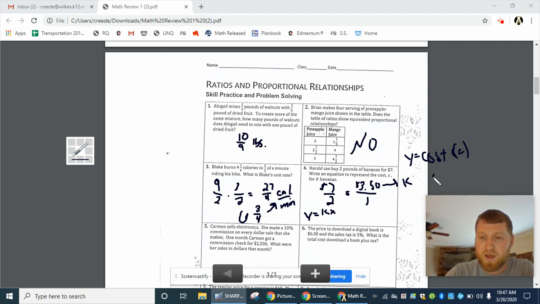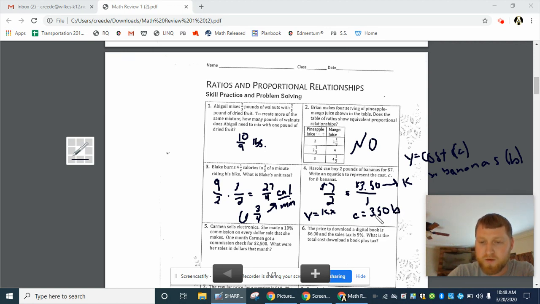And x equals bananas, or in this case, B. So I'm going to replace the y and the x with C and B. So C equals the constant of proportionality, $3.50, and then B is multiplied to that because that's how many bananas you buy.